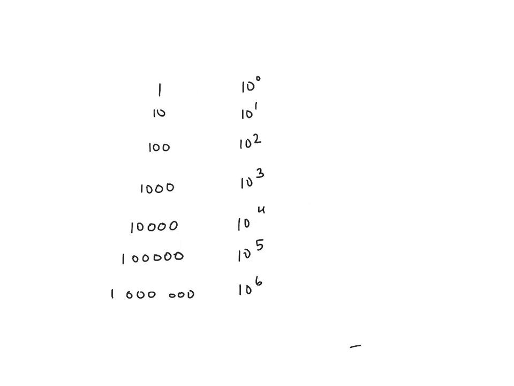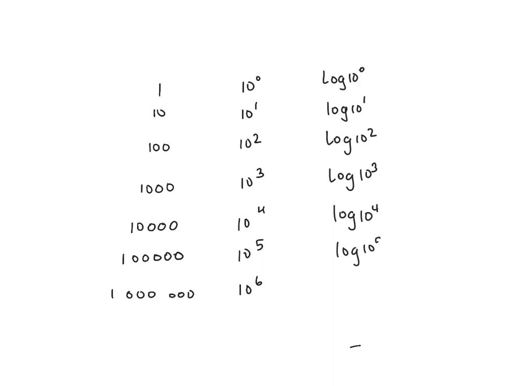If we put these all in terms of a logarithm, like this, we're taking the same span of numbers from 10 to the 0 all the way to 10 to the 6th power. But we're going to now measure using a logarithm.